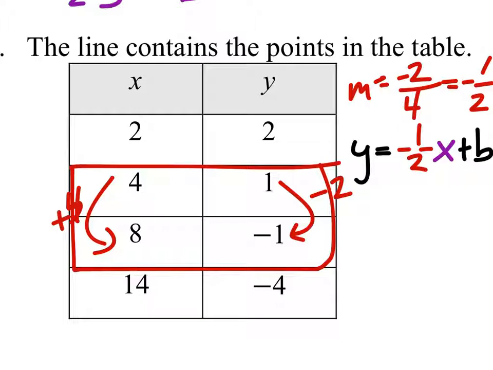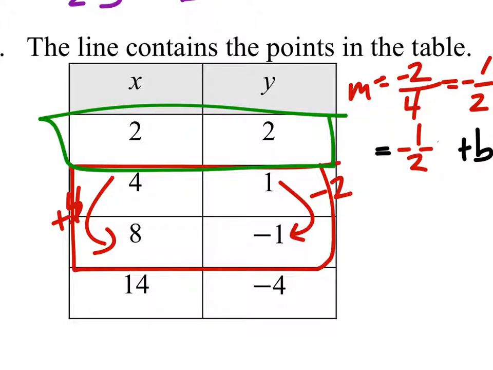Now we can replace the y value and x value with whichever point we choose. Can we do (2, 2)? Yeah, let's use (2, 2). So the x is 2, and the y is 2. Solving this, negative 1/2 times 2 would be negative 1, and then we still have this 2. 2 equals negative 1 plus b.